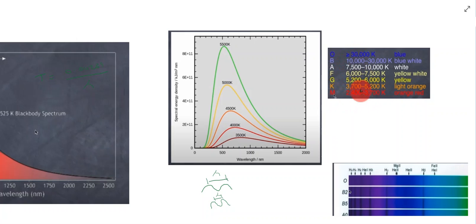decrease as well. You can also think about this in relation to the type of light they give off. So they can be classified based on temperature and based on light, just like what we see here. So we have O stars, B stars, A, F, G, K, and M stars.